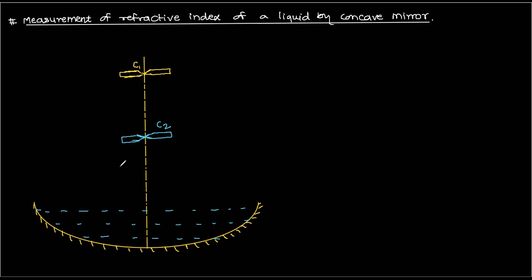Now what I am doing, first I got this ray, and then because of this water which I have poured here in this concave mirror, the ray will go like this. This I am showing with dotted lines.